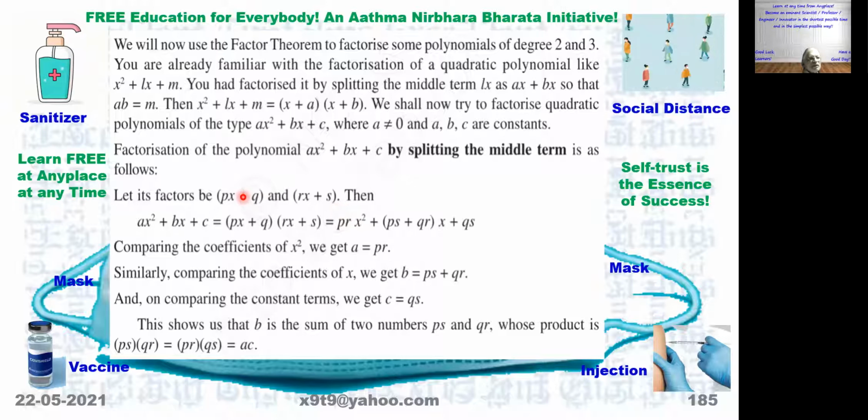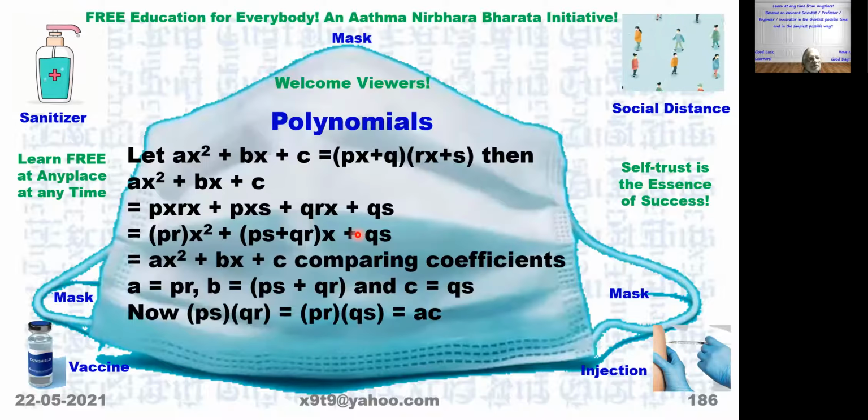If these two are the factors of the given quadratic polynomial ax square plus bx plus c, then we can write ax square plus bx plus c equal to the product of these two, (px plus q) and (rx plus s). When we multiply and simplify, it comes like this. So we will check the step-by-step procedure.